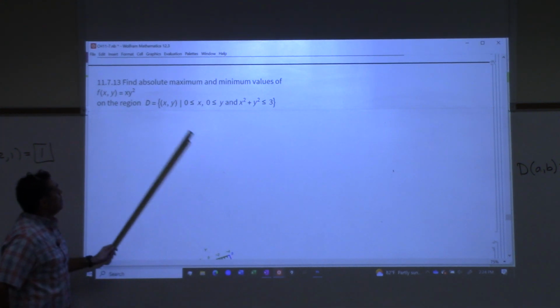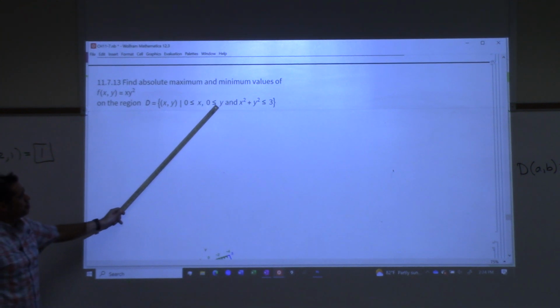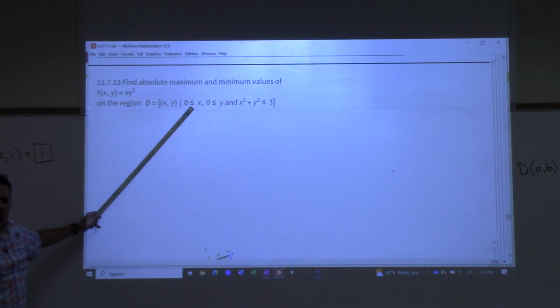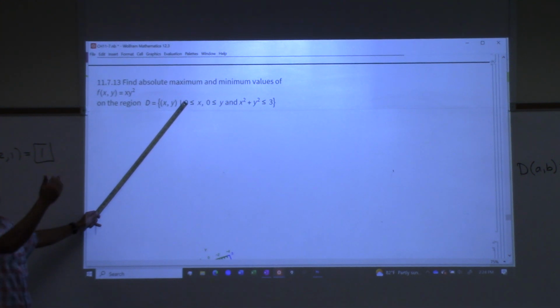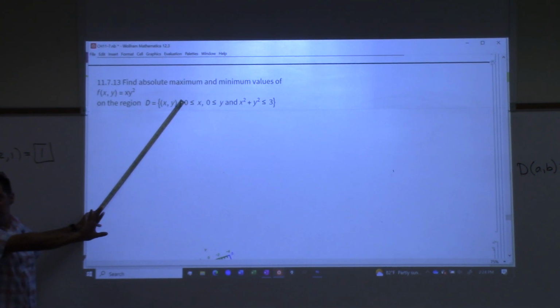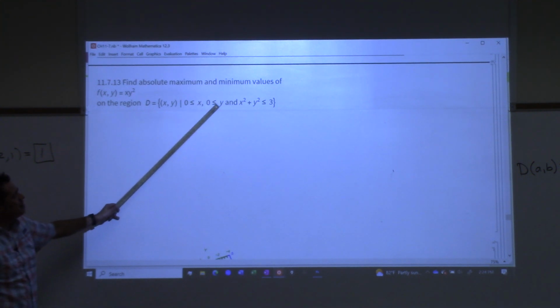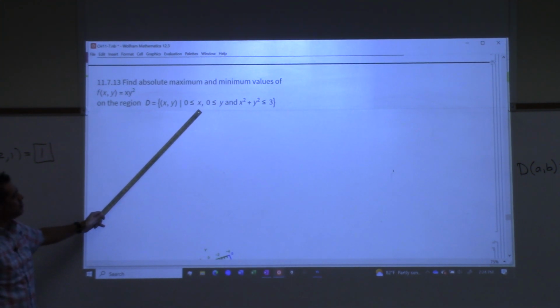So these two pieces of information together tell you that you're in the first quadrant, or on the x-axis and on the y-axis. Your x has to be bigger than or equal to 0, your y has to be bigger than or equal to 0.